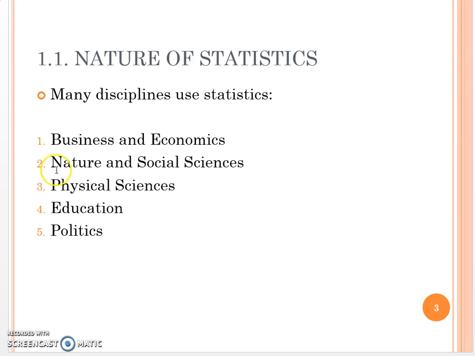Physical science is the same. In education, you can use data analysis to see how the students are doing. Politics, we see that quite often during election seasons. The numbers that you see in articles or newspapers are a lot of times from statistics.